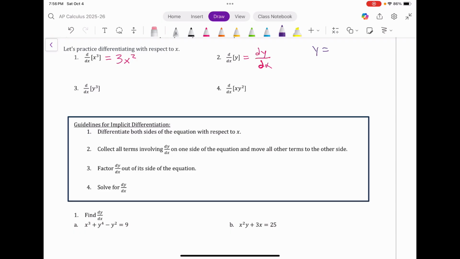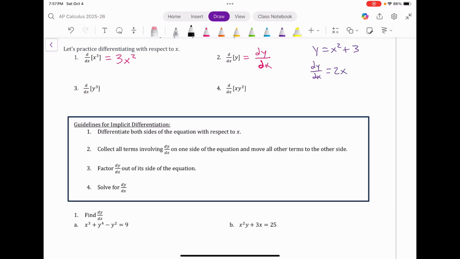Like, for instance, if we were taking the derivative of this, I would change the left side to be dy dx as a way to represent what the derivative of y is with respect to x, and then the right side would be that. So we have done that before.